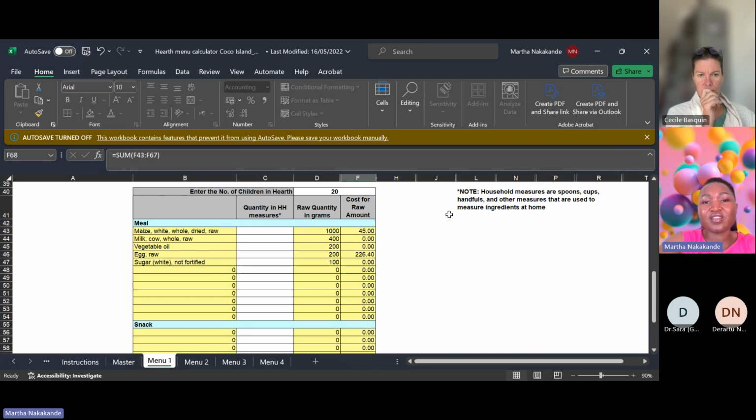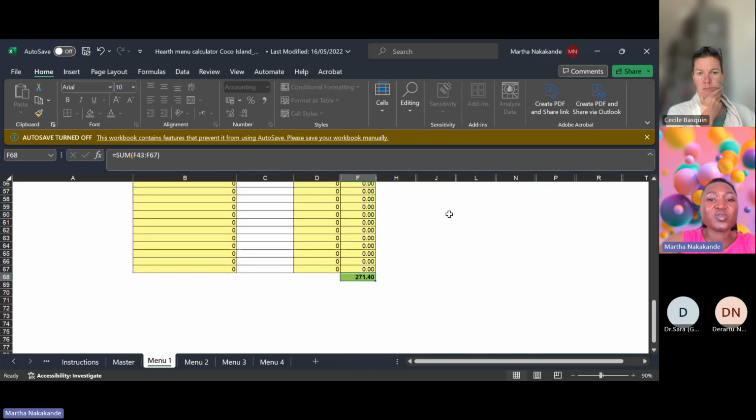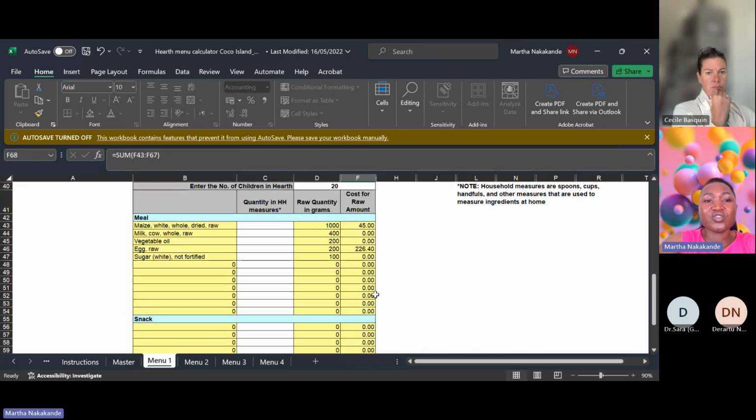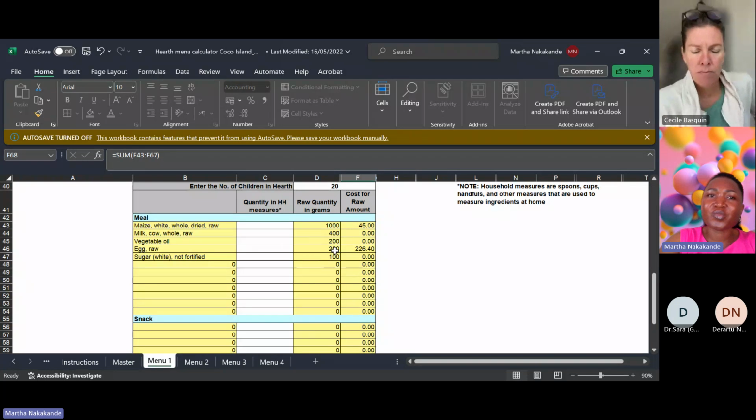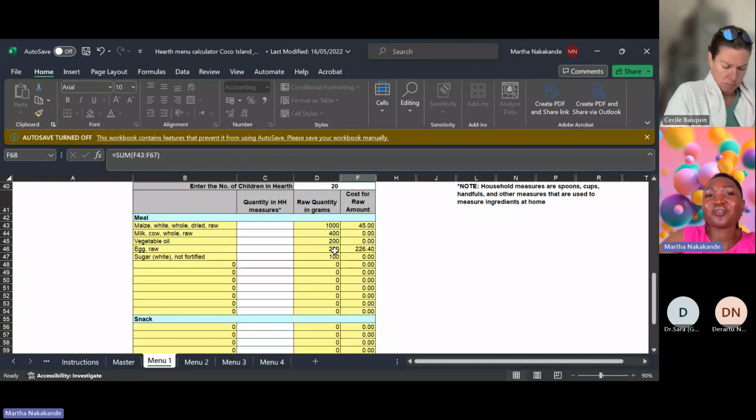So if you're going to prepare that porridge for 20 children in your food demonstration, you would spend roughly 271 birr, and then you would need a kilo of maize flour, 400 mils of milk, 200 grams of oil, 200 grams of egg, not 200 eggs, but 200 grams of egg, which you'll have calculated. And then sugar, you will need 100 grams.